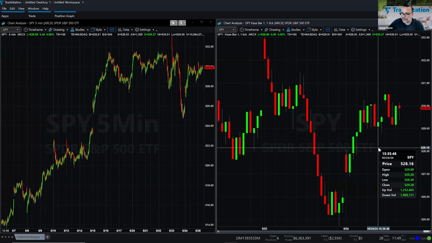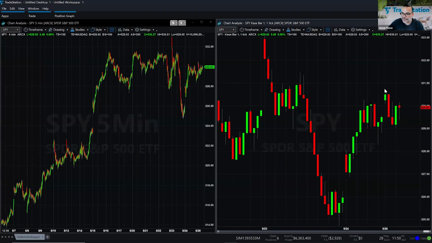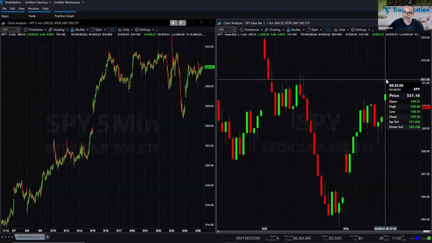This is exactly 1 point. This is exactly 1 point. High low, this is not 1 point. Take a look at this one right here. It happened recently. This is a bar from today, but you can see how the high is 530.50 and the low is 530.10. What happened there? There's only 40 cents in range.